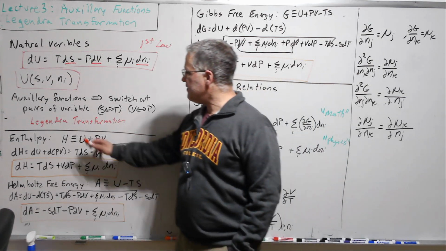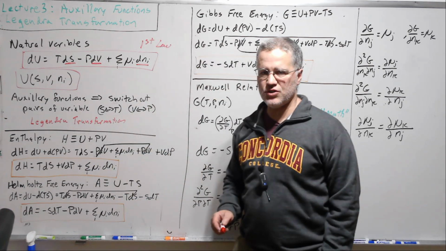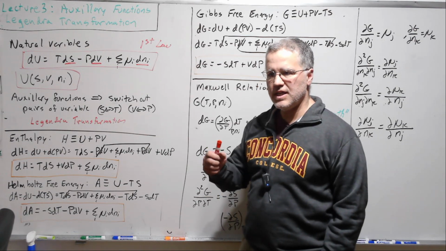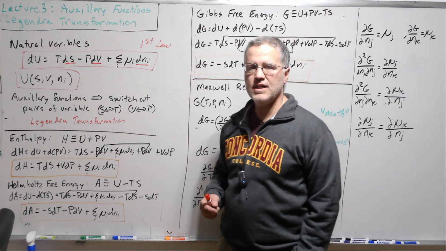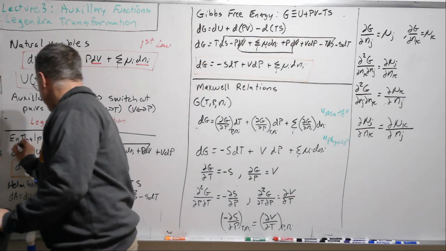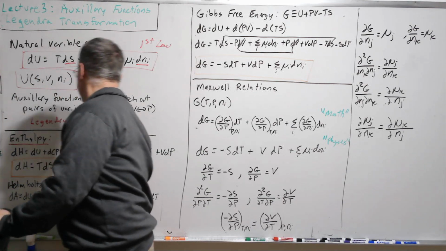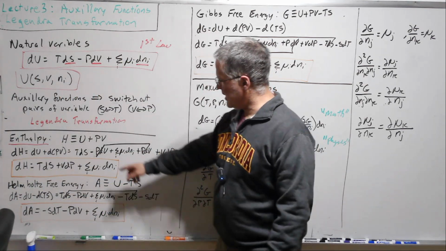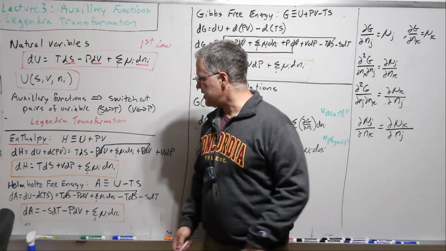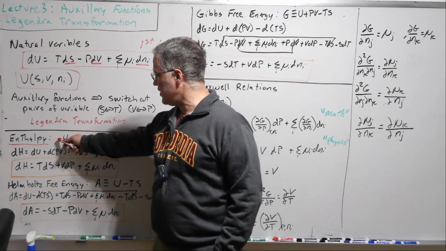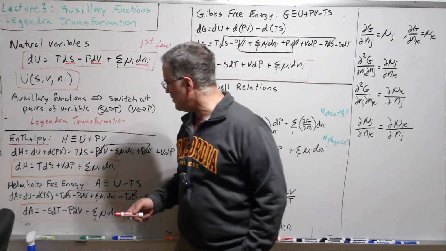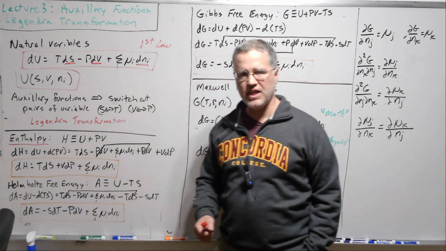And we do so via what's called a Legendre transformation, which is really quite simple. It utilizes the product rule for the differential form. Okay, so let's do it for enthalpy. Enthalpy is defined as H equal to U plus PV. So let's take the differential of both sides of this equation. So we have dH equals dU plus d(PV).